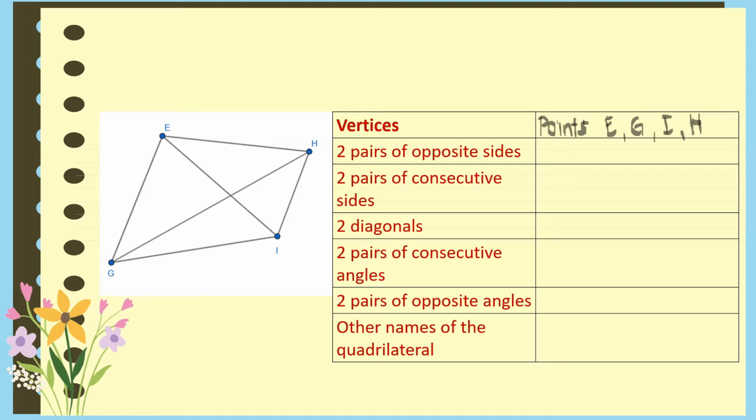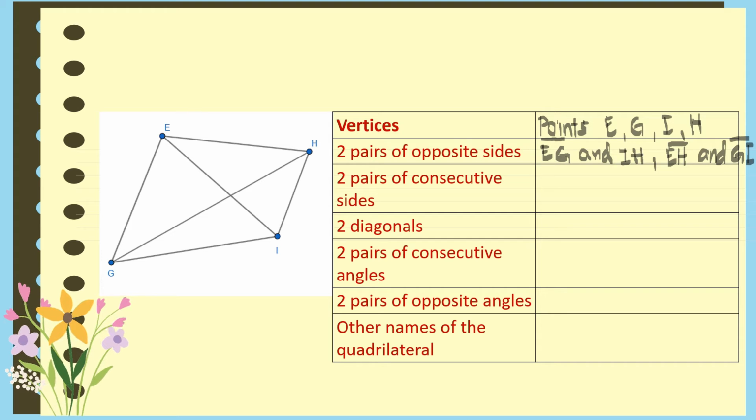So we have side EG and side IH, and then we have EH and side GI.